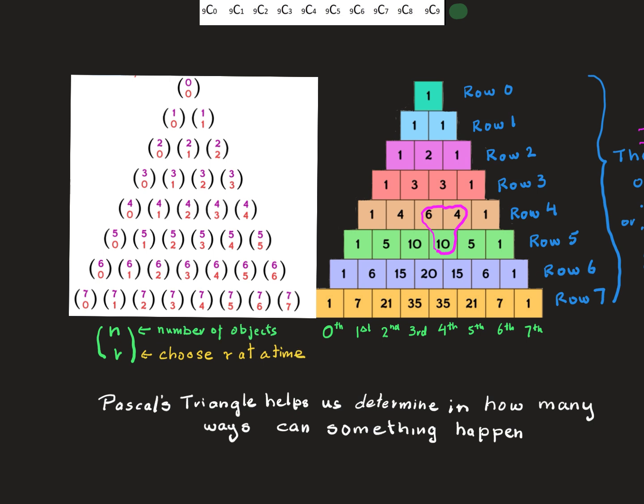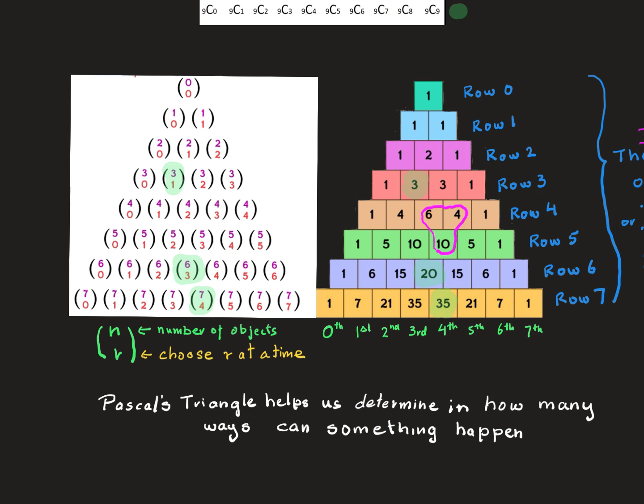And so if you look at these two triangles, you'll notice that 6 choose 3 is going to be 20. And any number like 3 choose 1 is going to be row 3, first element, which is here. And 7 choose 4 will be row 7, element 4.